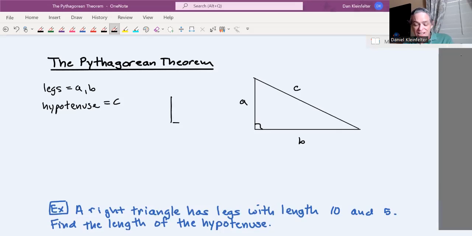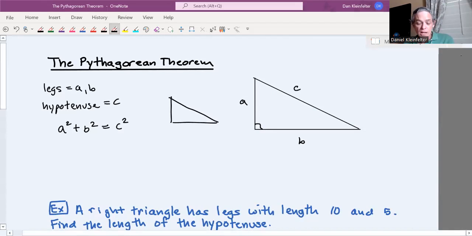Then what the true fact is that the sum of the squares of the two shorter sides equals the square of the long side. That is, A squared plus B squared will equal C squared. The typical first example you see of this is a 3, 4, 5 right triangle.